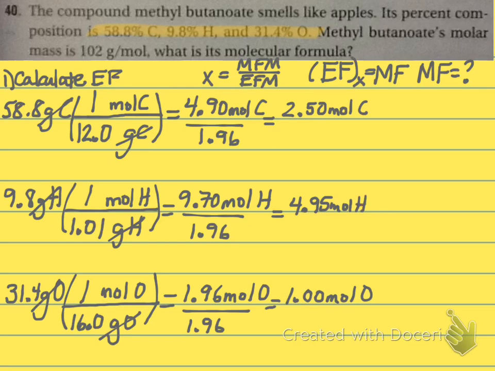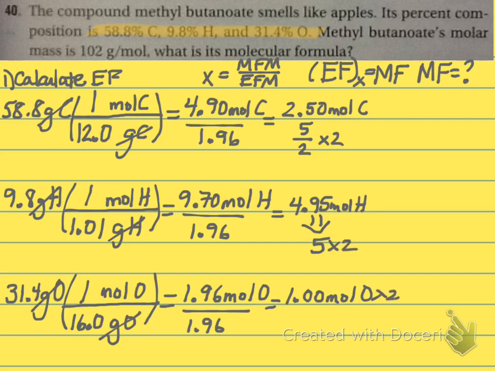So what that is saying right now is we still have empirical formulas with decimals in them, right? We're going to say this is about 5. But this is 2.5. So how do I get rid of that 2.5? Because I can't have 2.5. Well, that's 5 halves as an improper fraction. And to get rid of that 2, I'm going to multiply every coefficient by 2.